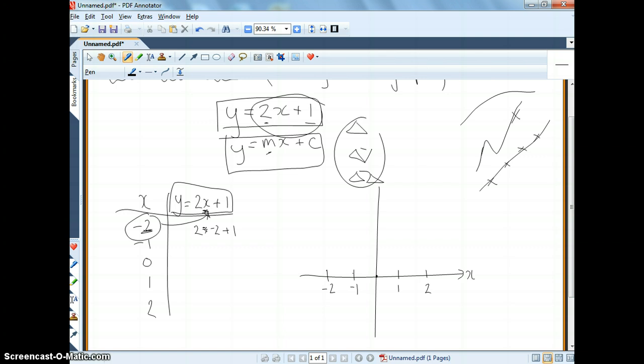Negative 4 plus 1, negative 3. Sometimes I take a shortcut here and just make one column. I'm just going to do 2 columns for y to show you the working. Minus 3. This one here, 2 times minus 1 this time, plus 1. 2 times minus 1? Plus 1.